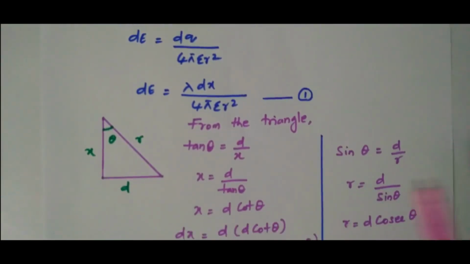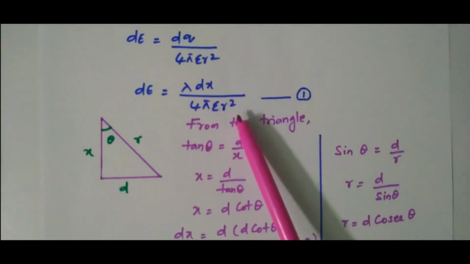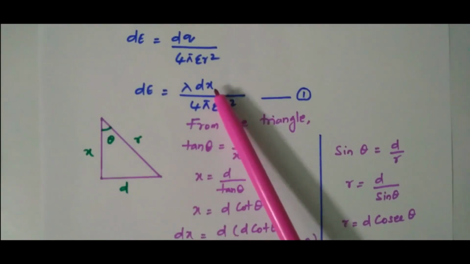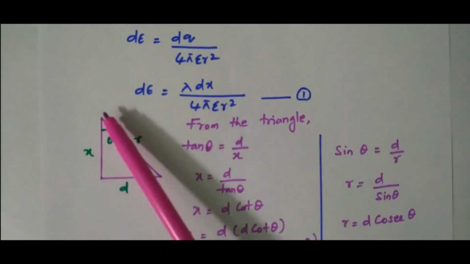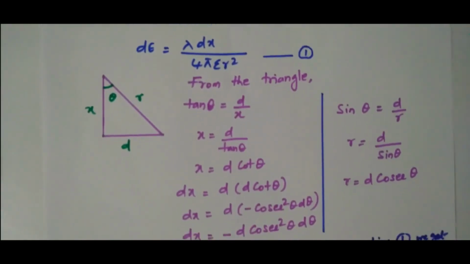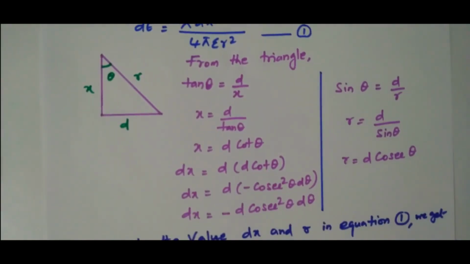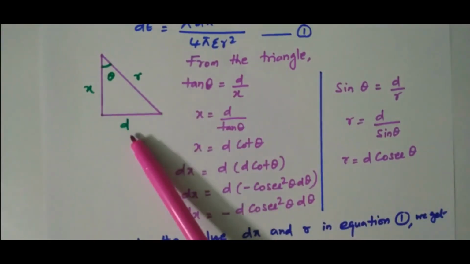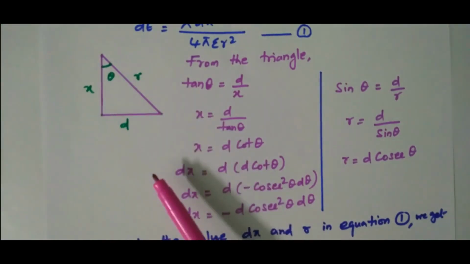Now we are going to find the dx and R values from this triangle, which we already discussed. In this triangle, the sides are x, d and r, and this is theta.